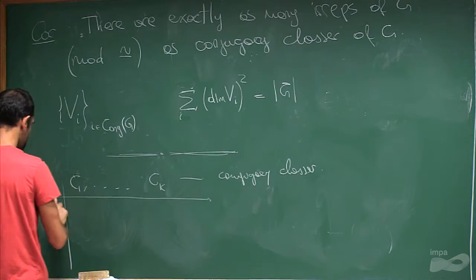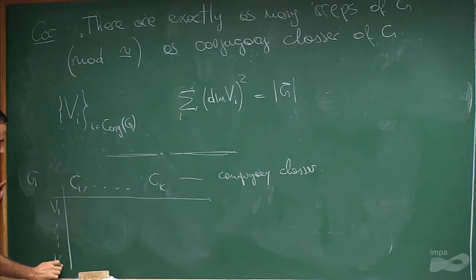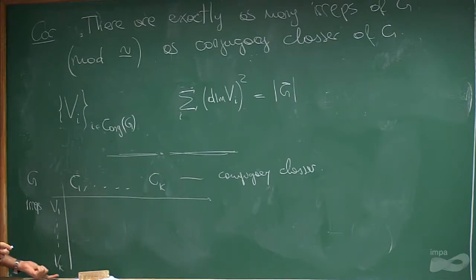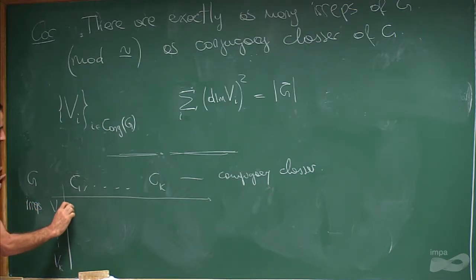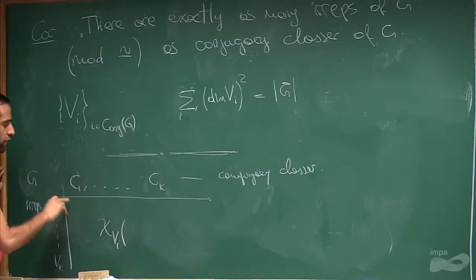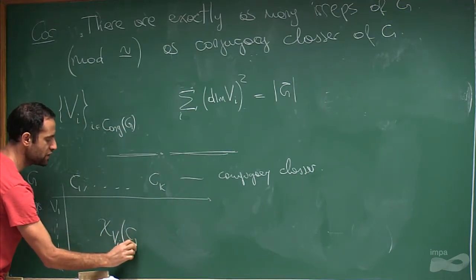Here I'll put V1 up to Vk, the irreducible representations. This number k is the same on both sides, because we just proved that there are as many irreducible representations as conjugacy classes. And here I'll write down the character in Vi of the conjugacy class Cj.